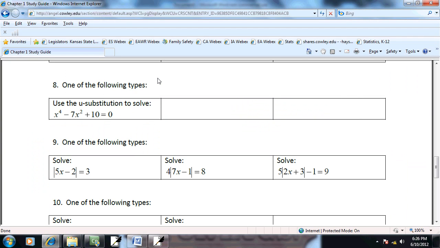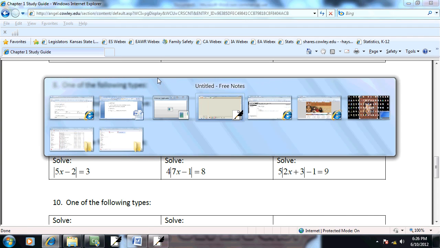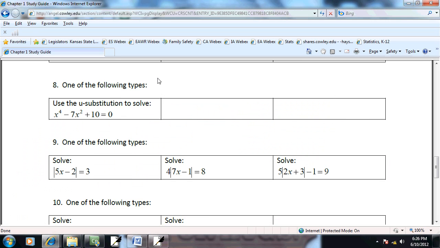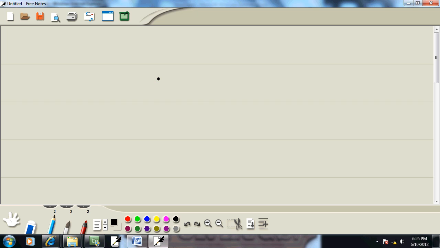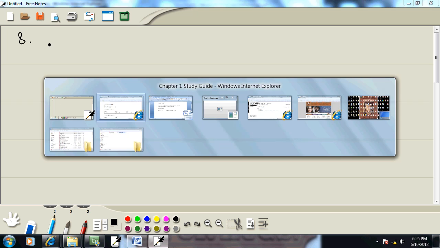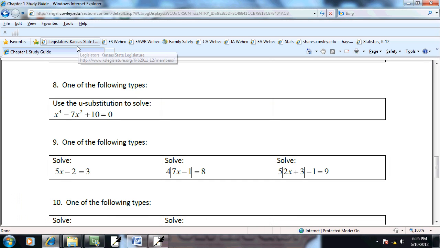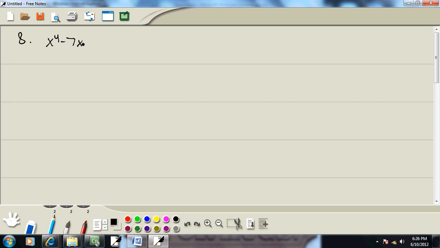So let's take a look at this problem. This is 8. We've got x to the 4th minus 7x squared plus 10 equals 0.